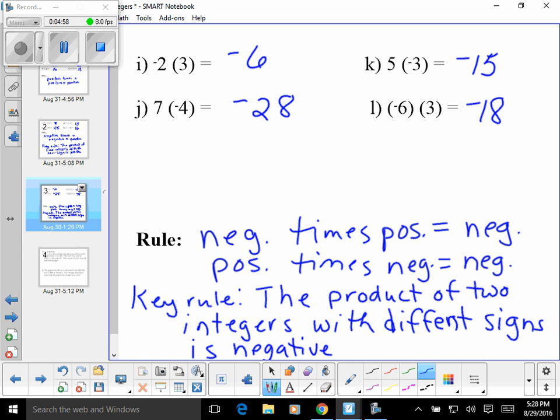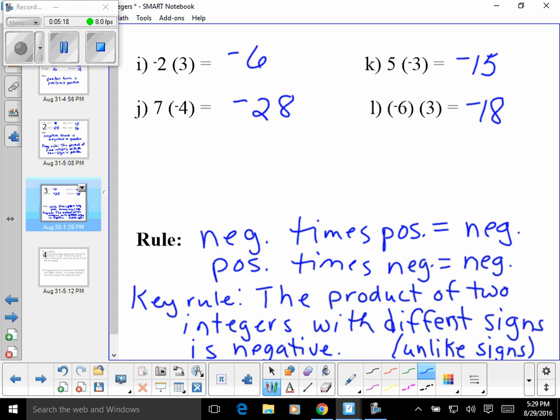Now, another way to think of different signs, we can also call this unlike signs. Sometimes we say different signs, sometimes we will say unlike signs.